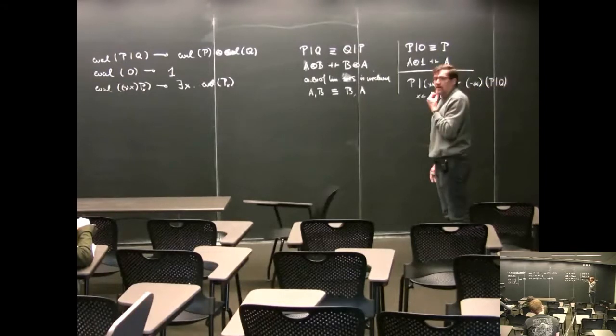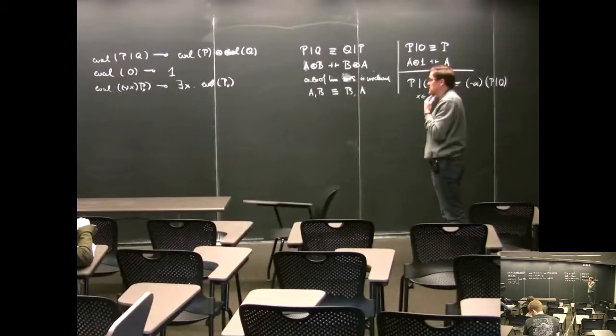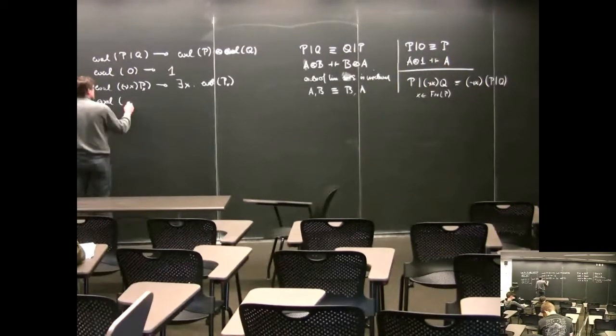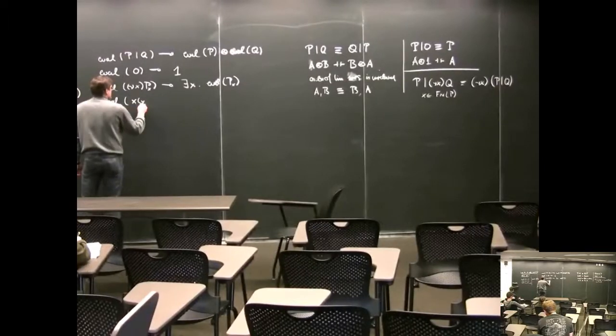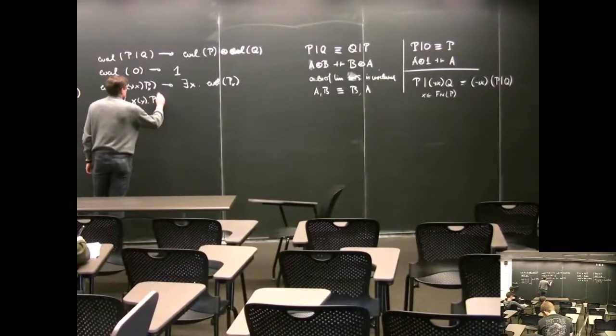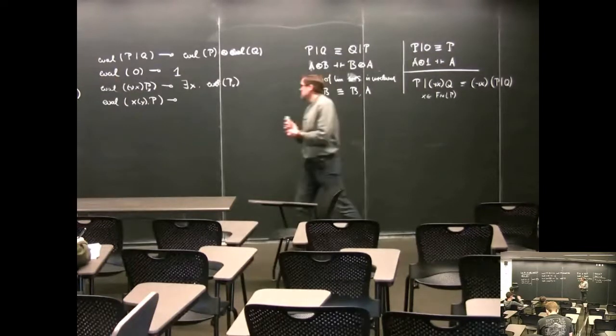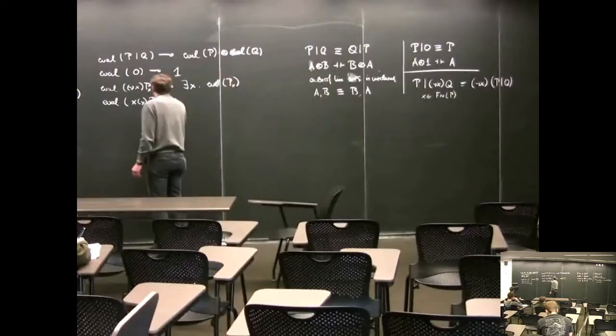All right. What other constructs do we have? Let's do input. So we input a y along x, and we have p, which can depend on x and y.